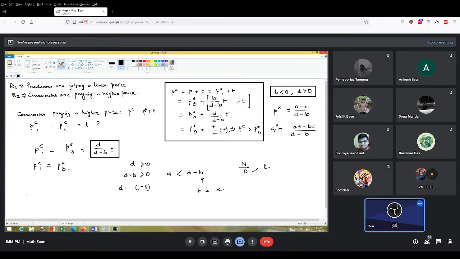Yes, sir. Consumer price goes up, but the increase is not T, but a fraction of T. The fraction is D by D minus B. Right?